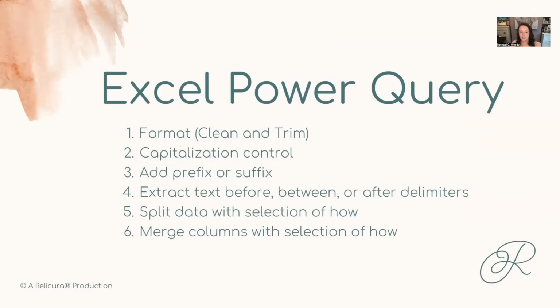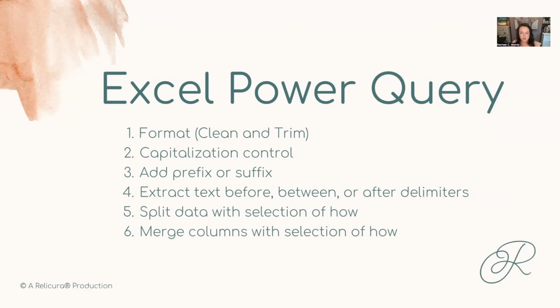And with it, we're going to cover a few of these different tools, and we'll do the show and tell all together within Power Query. But a quick review of them: we're going to do format first, which is going to have that very familiar clean and trim function that we did with formulas. You may find it easier in Excel Power Query, so I'm going to show you how to do that there.